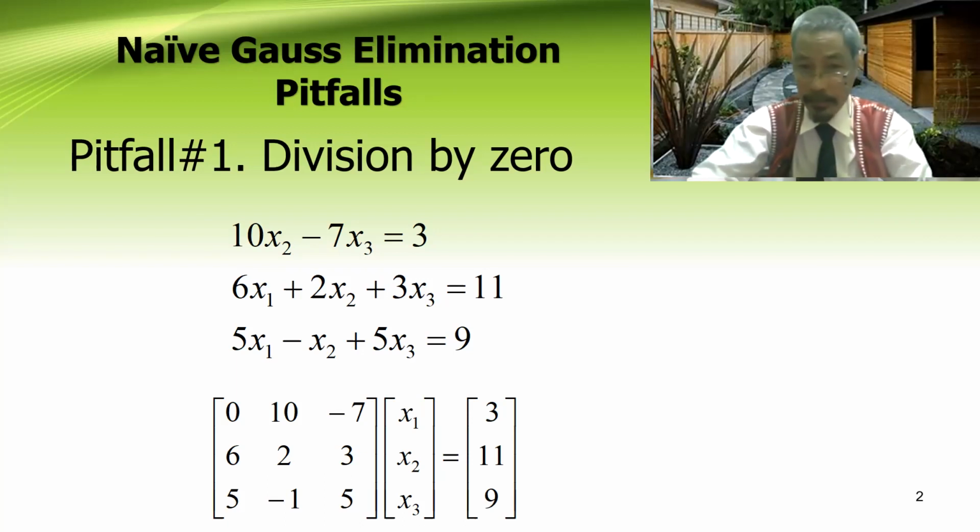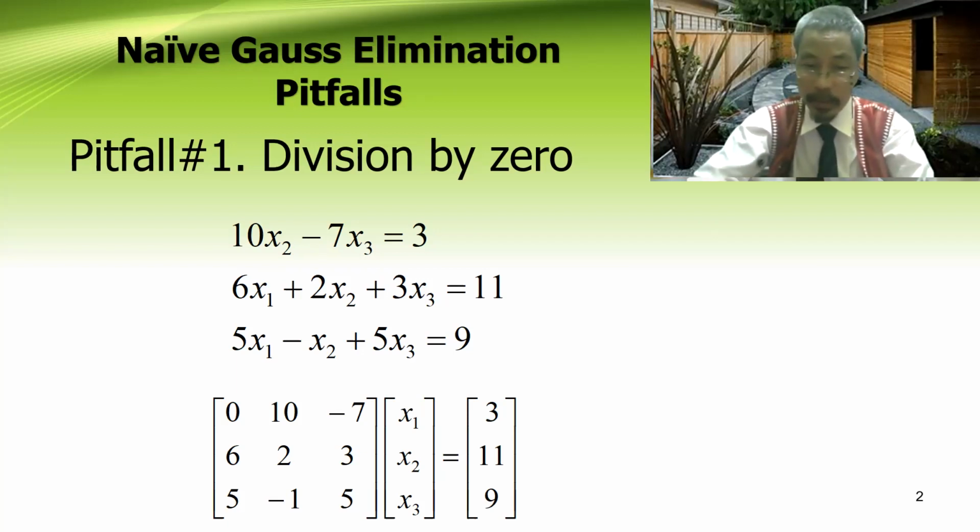We have 3 simultaneous linear equations here with variables x1, x2, and x3. And there are corresponding coefficients equated to constant values. So we can form the required matrix format.